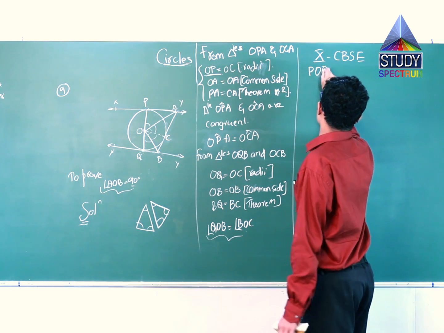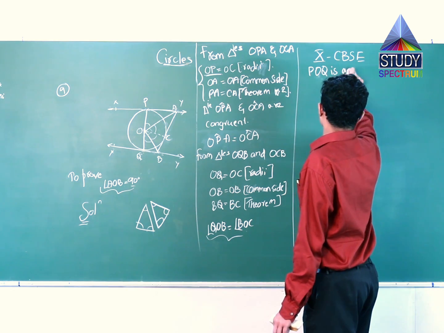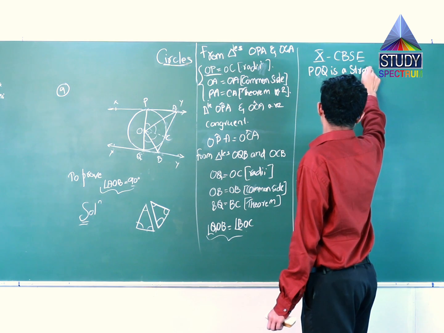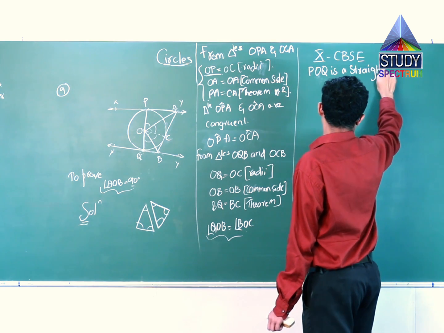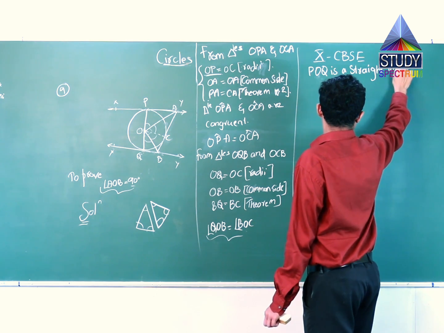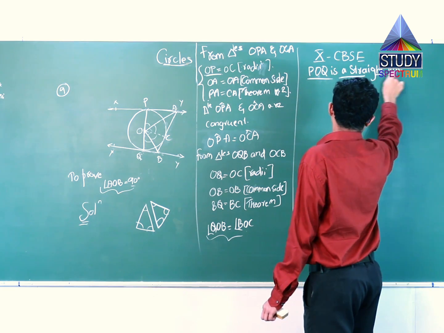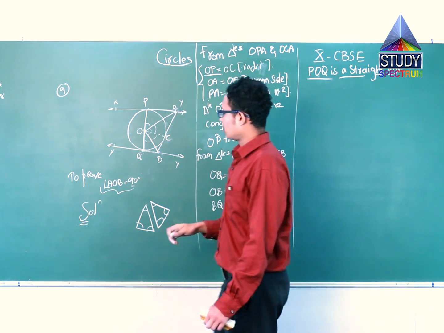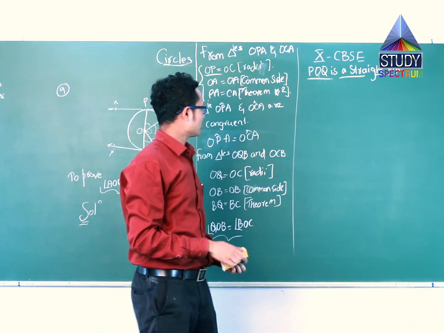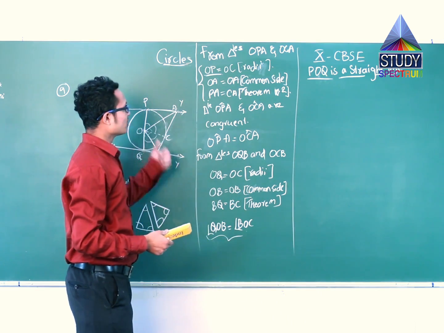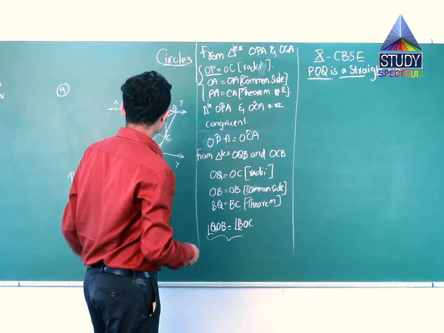POQ is a straight line. So therefore, the sum of the angles made by any line onto it will be equal to 180 degrees.